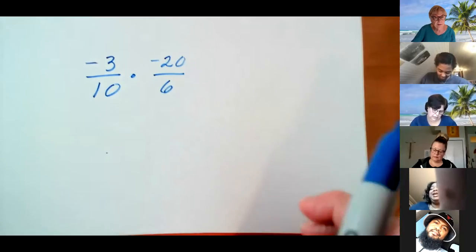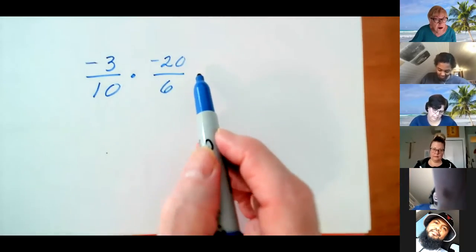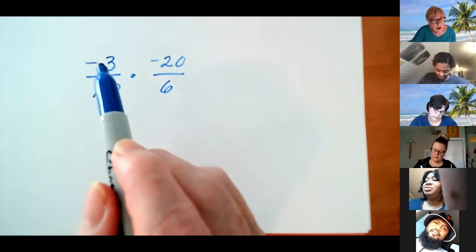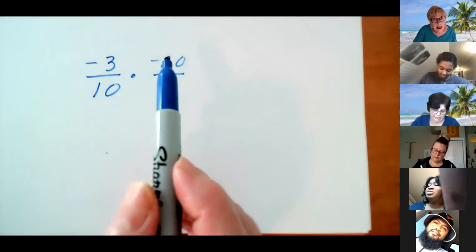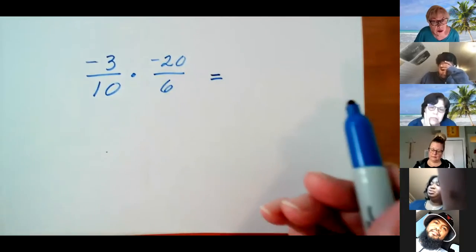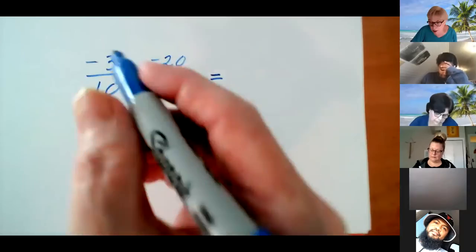Okay? Because multiplication and division go with the same rules, you can still count negatives. So the two negatives in this problem mean the answer will be positive. The only job for you is to come up with a number part of it.